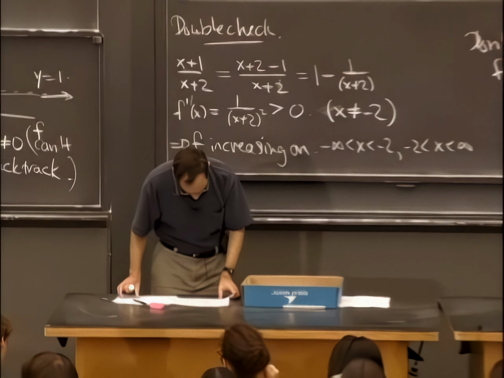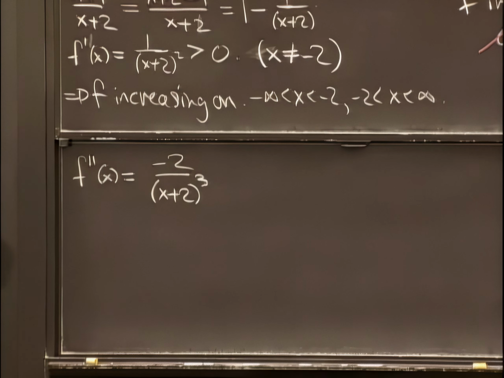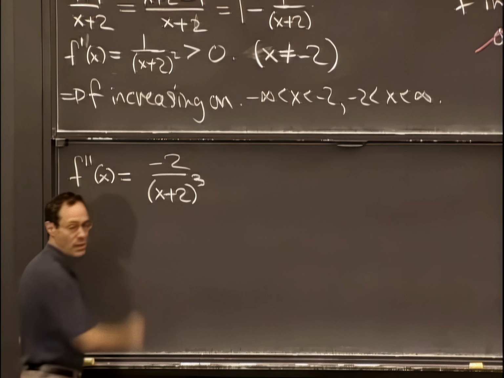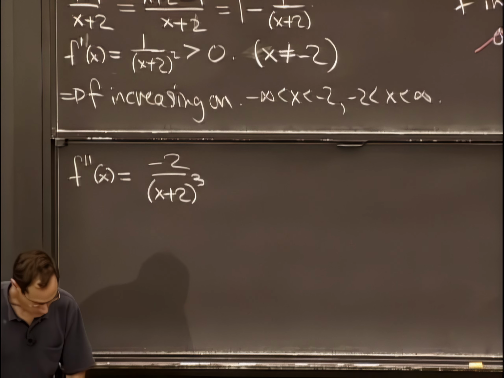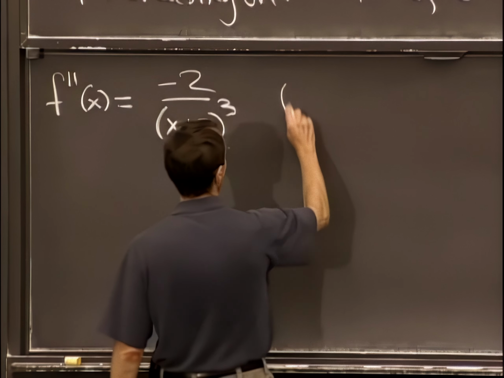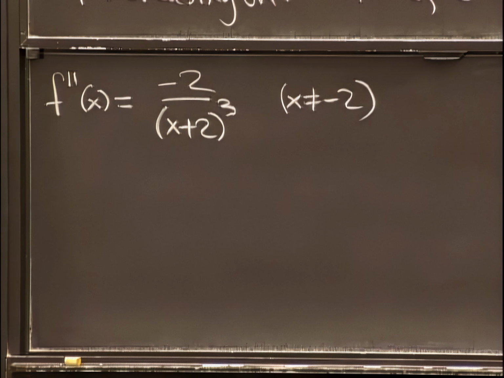So we've written down the first derivative here. The second derivative is now negative 2 over x plus 2 cubed, right? So right, I get that from differentiating this formula up here for the first derivative. And now, of course, that also only works for x not equal to negative 2.